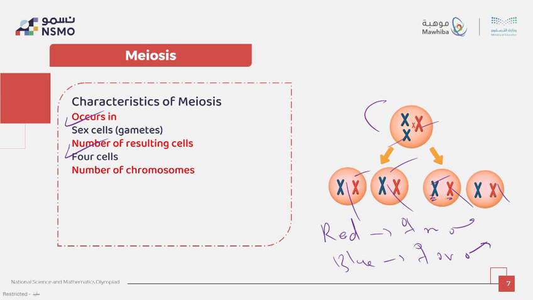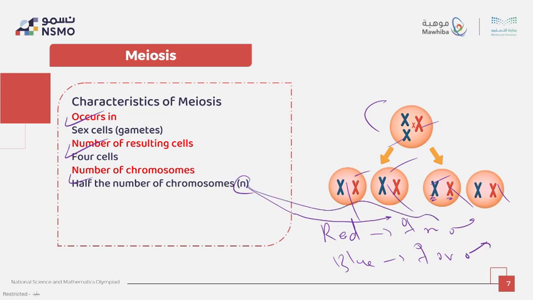The number of chromosomes is half the chromosome number, and we call it N, meaning from father or mother. Examples are the egg or sperm, egg cells, pollen or pins.